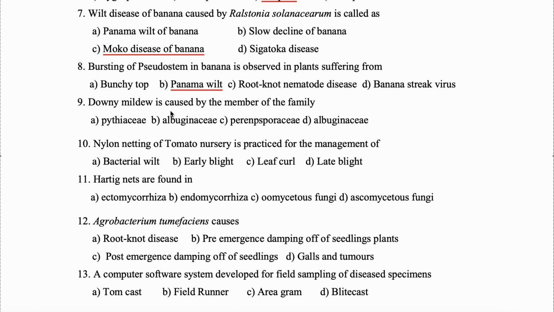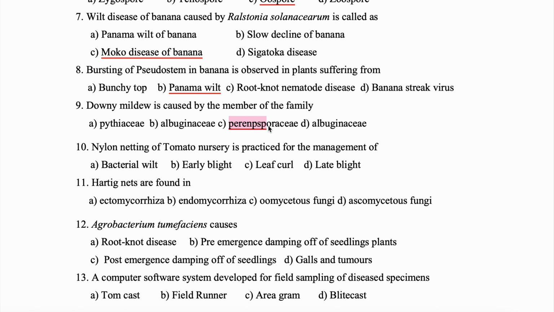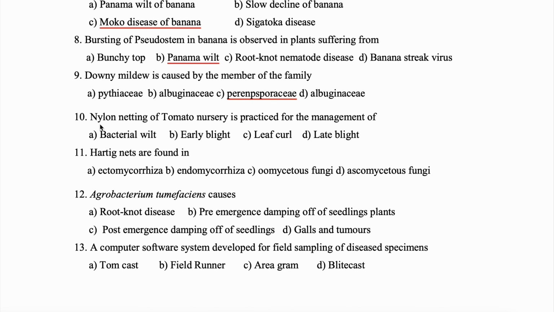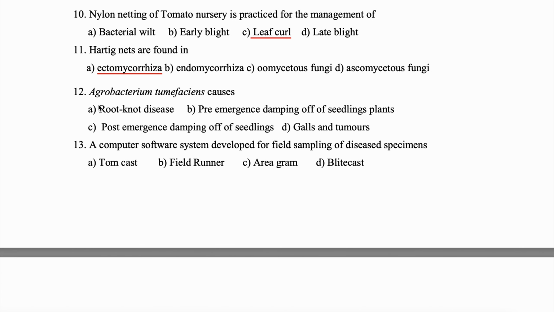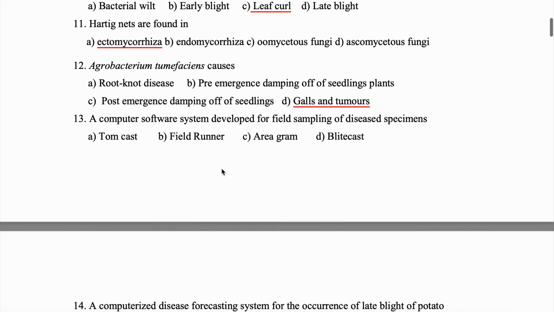Downy mildew is caused by the member of the family Peronosporaceae. Okay. Question 10. Nylon netting of tomato nursery is practiced for the management of leaf curl. 11. Hartig net is found in ectomycorrhiza.